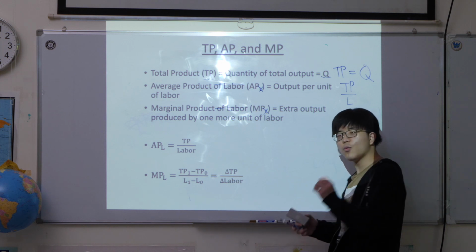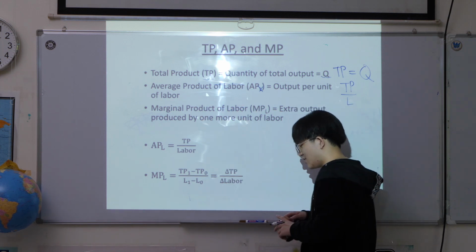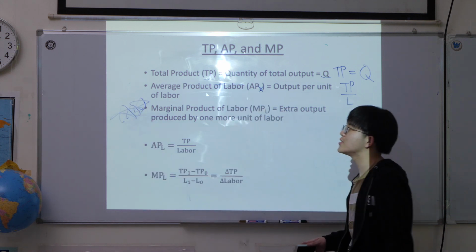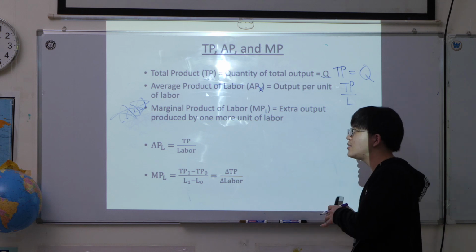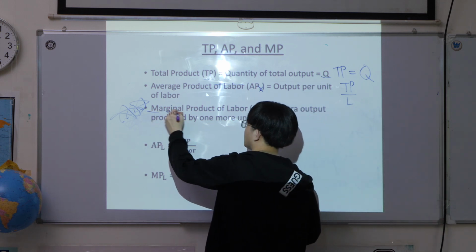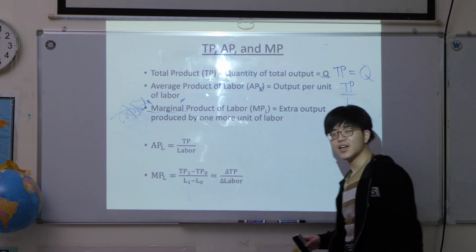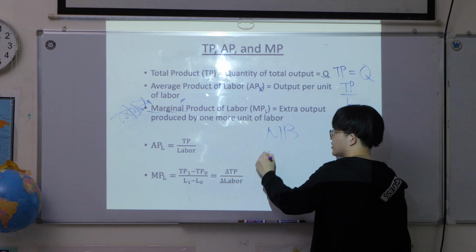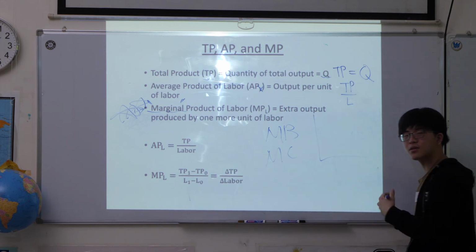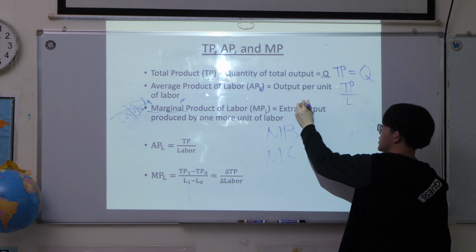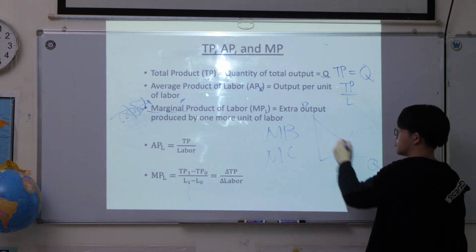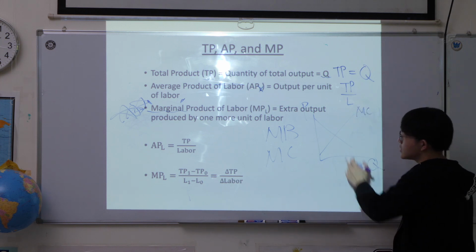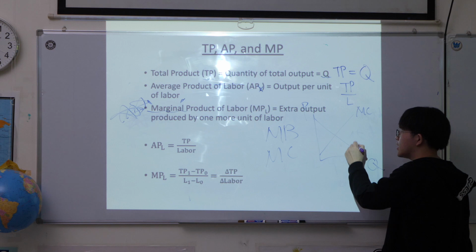I want to remark on this again. This is extremely important because you are not really familiar with the term marginal. The term marginal is very special in economics. You already learned this before with marginal benefit and marginal cost. If you draw the demand and supply curves, with price and quantity on the axes, the supply curve is considered the MC curve, and the demand curve is considered the MB curve.